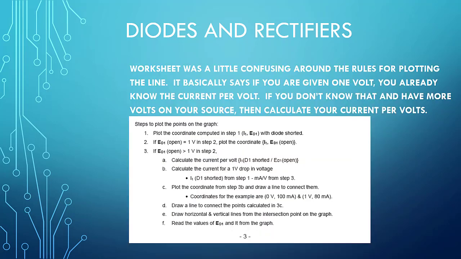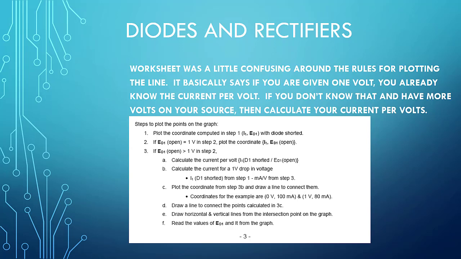And this last piece of instruction basically gets into an issue where, if you're given 1 volt on your voltage source, we already know that whatever current you calculate is going to be X current per volt, and that's what we're looking for. So 20 milliamps, 30 milliamps per volt.